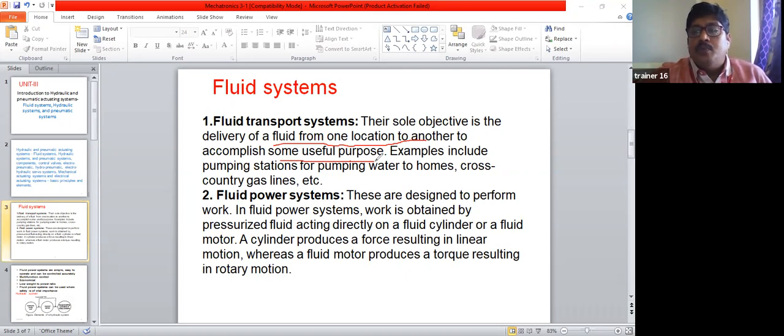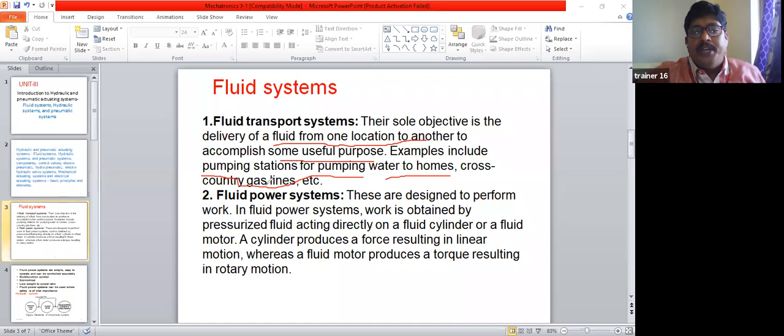Examples are pumping stations, pumping water with the help of motors or diesel engines, and cross country gas lines. We are not discussing fluid transport systems now.